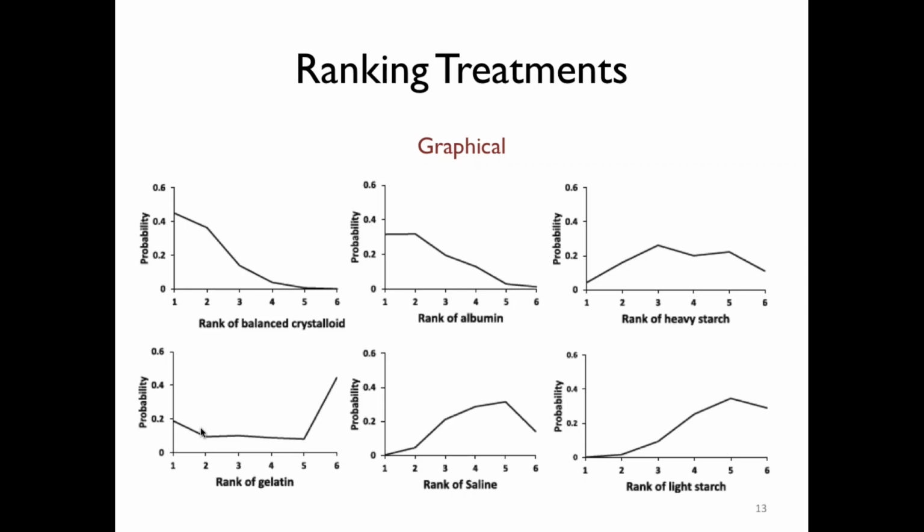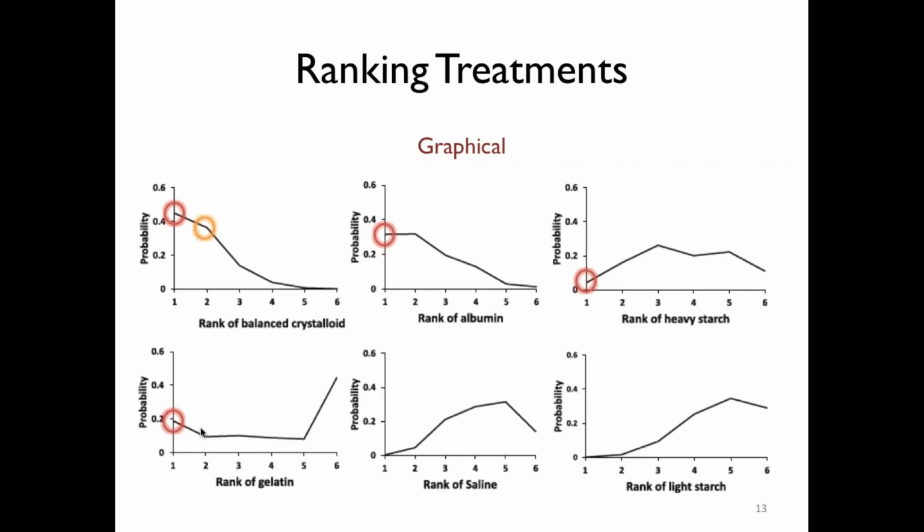So let's talk about this example. This graphic represents the ranking of resuscitation fluids in patients with sepsis for the outcome mortality. We can see that balanced crystalloids have the highest likelihood of being ranked first, followed by albumin, gelatin, and heavy starch.